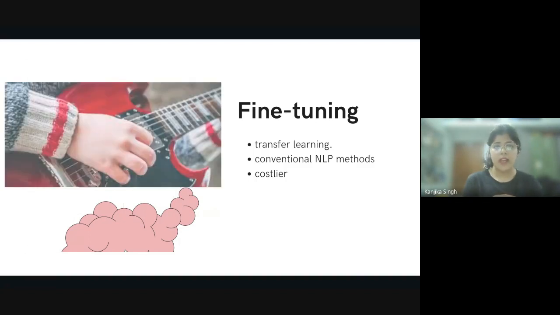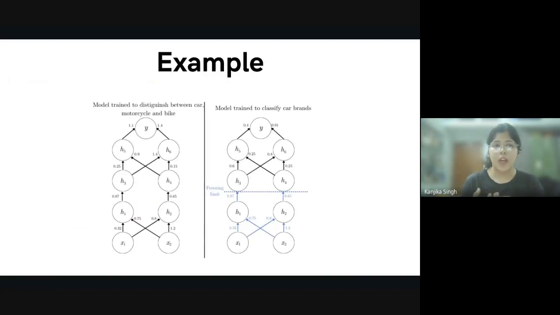Another example we can have is the example of a car. The first model on the left hand side is the model which distinguishes between car, motorcycle, and bike. Now this model already knows how to distinguish between the types of vehicle.